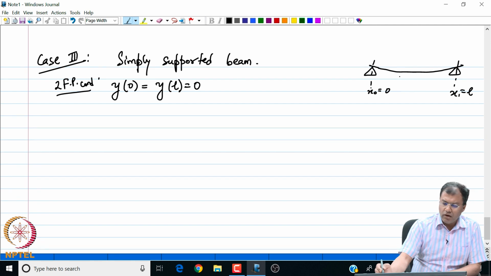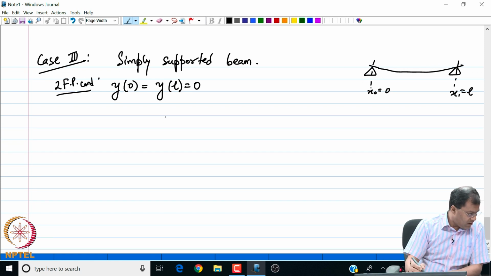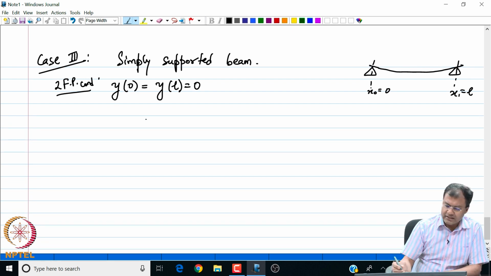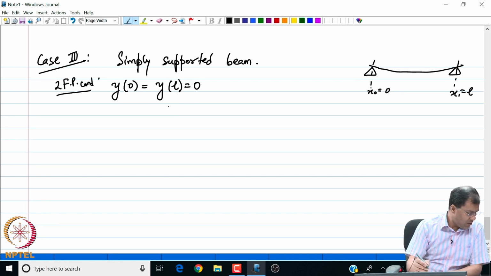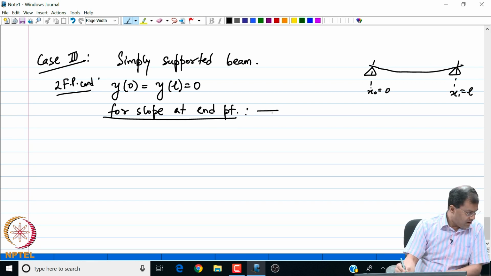So, for the slope, instead of the fixed slope, we are going to use the natural boundary condition to determine the slope at these endpoints. So, the natural boundary condition would be that the reaction moments and the reaction forces are set equal to 0. So, to specify the slope at the endpoints, we instead replace with these two conditions.